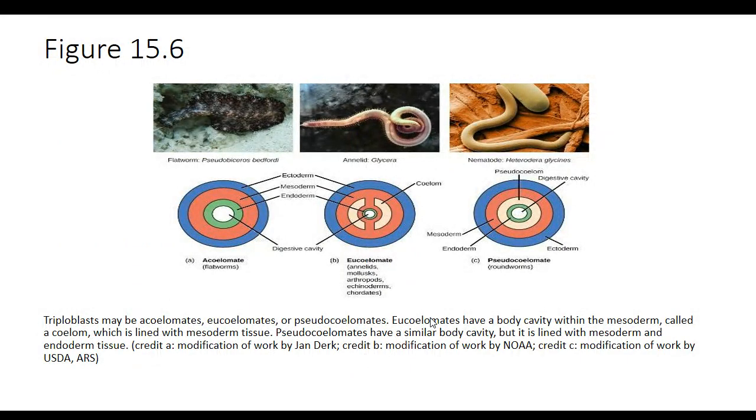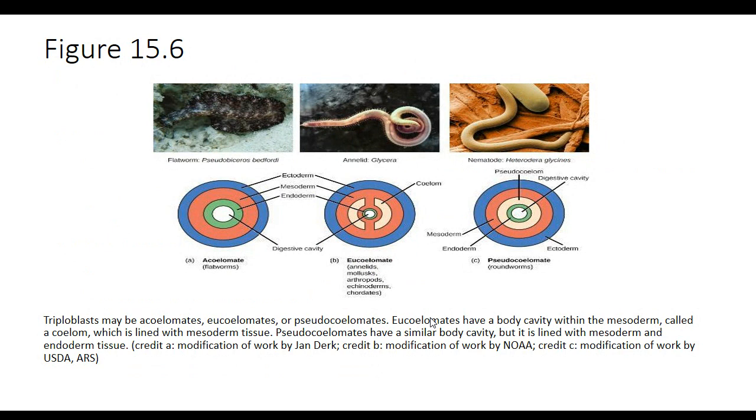So acoelomate, it's all just solid. Ectoderm, mesoderm, endoderm. But in a true coelomate, with a true coelom, there's a body cavity here that's completely surrounded by mesoderm in the embryo.